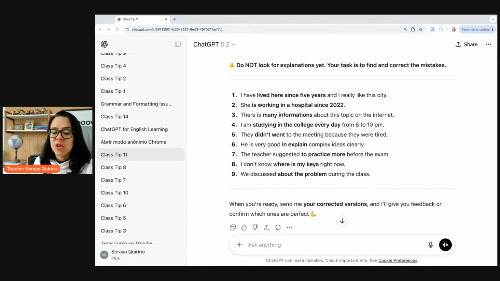So this kind of exercise in which you have to correct the sentence, you have to correct the text, is amazing because it really makes you think. So if I were you, I would work a lot on this type of exercise. Remember that I told you that it is very important to analyze your mistakes. So this is what you were doing here. You were analyzing mistakes. Okay. So this is one of the most effective types of exercises.